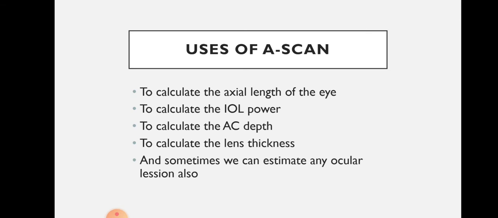We can estimate that it can be a retinal detachment, or a foreign body like this. We can estimate that something abnormal is going on, and we will refer that patient for B-scan for proper evaluation of the posterior segment.